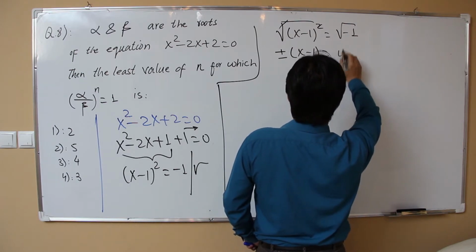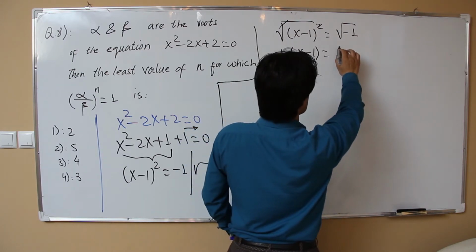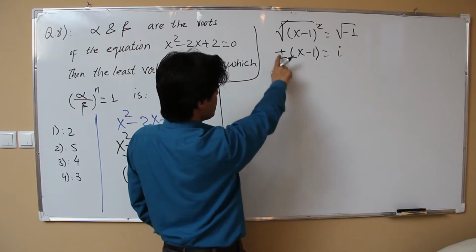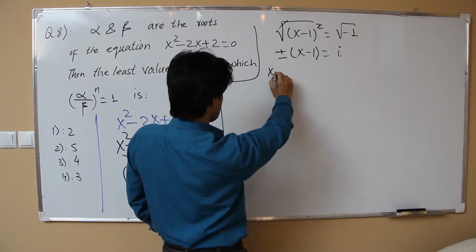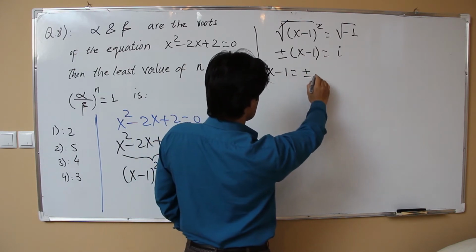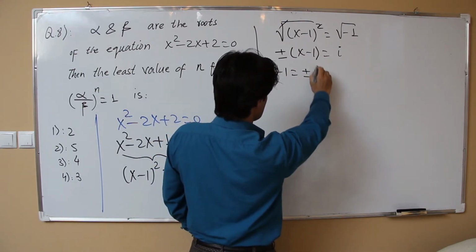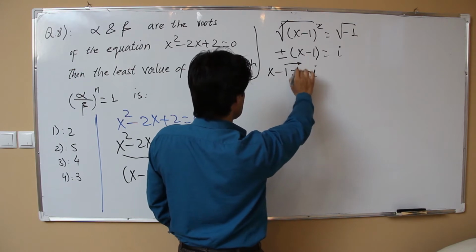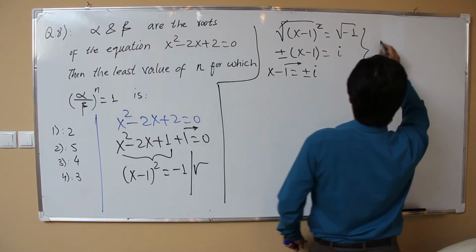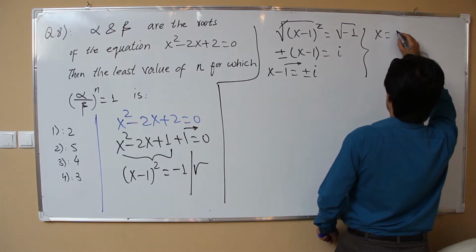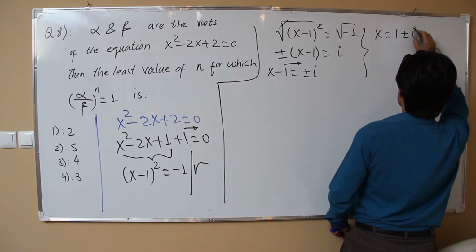Now this one is i. We can have x minus 1 is plus or minus i, and I will bring this part, so we can have x is equal to 1 plus minus i.